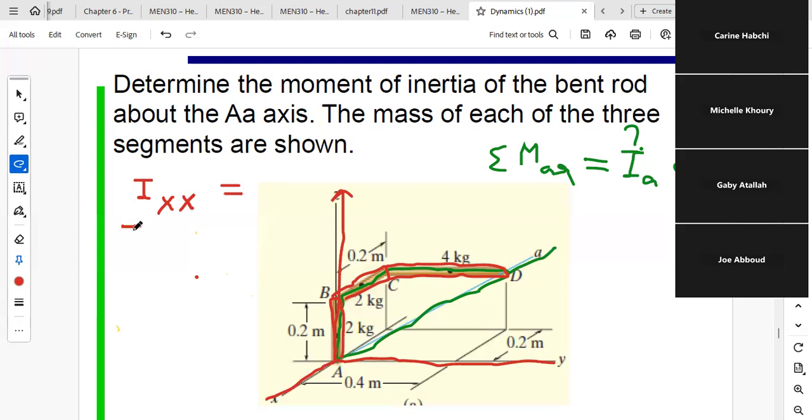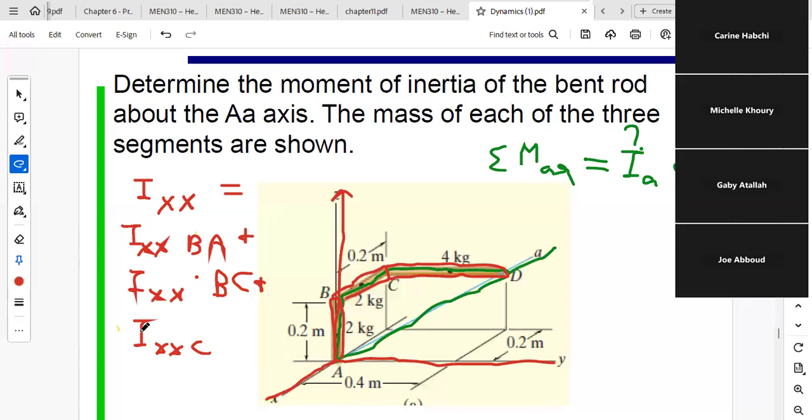I should do Ixx of part BA, plus Ixx of part BC, plus Ixx of part CD. For example, let us start with this.